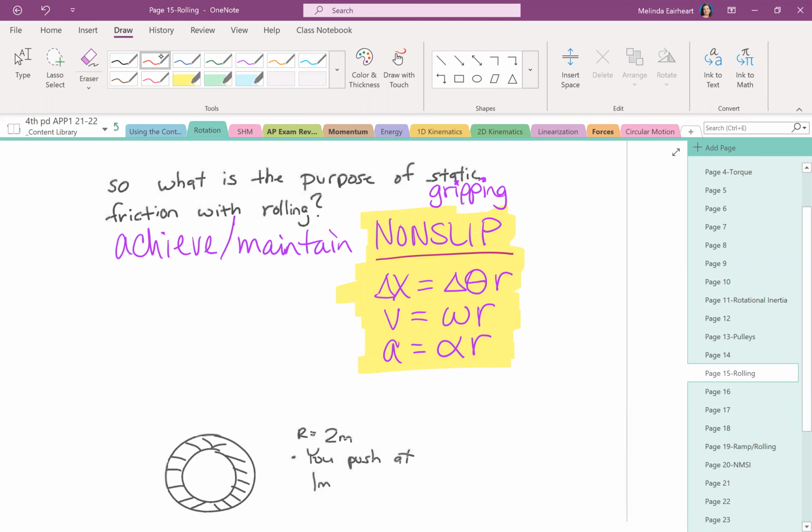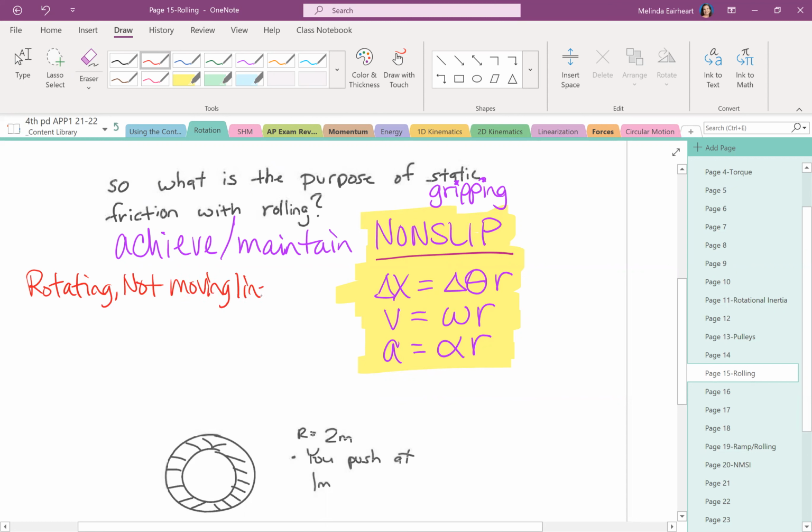If you ventured out on the icy days, or if you're like me and grew up on a dirt road and it rained and you went to move the car, well, if you get stuck in the mud, or if your wheels are rotating but not moving in the linear direction, by the way, that's also called translating, then if you rotate but you're not moving linearly, then I don't get any equality.